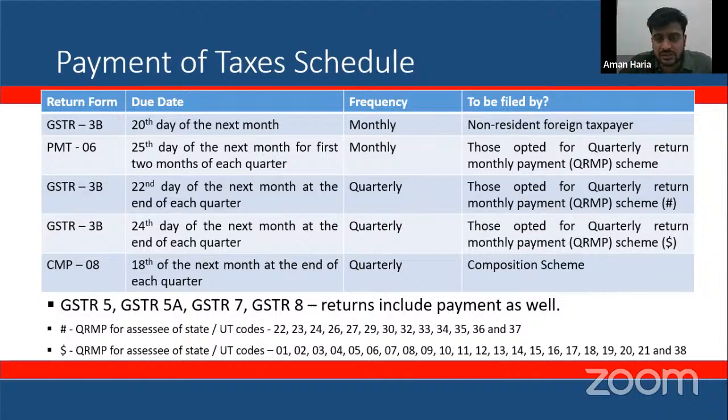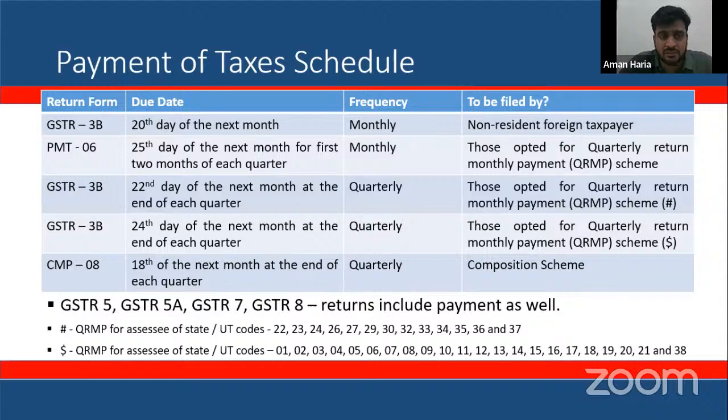So in those returns, you are only expected to furnish details and you are not expected to pay tax. Tax has to be paid in separate returns. And what are those returns? That we shall see now.